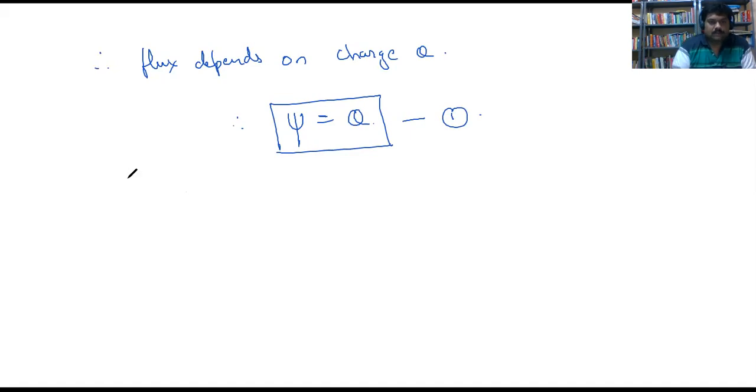Now, this was not enough, so we went further. We wanted the flux density.